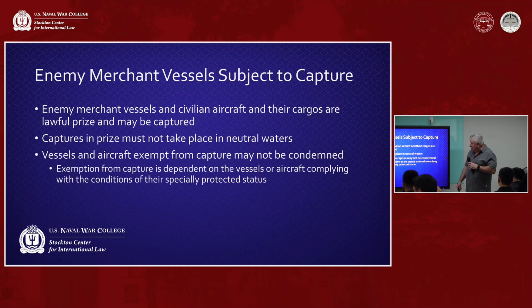So enemy merchant vessels are subject to capture as well as their cargo, and they become a lawful prize after they've been adjudicated. The only restriction is you cannot capture and prize in neutral waters, and there are certain vessels and aircraft that are exempt from capture and may not be condemned under any circumstances unless those vessels or aircraft have violated their specific protective status.